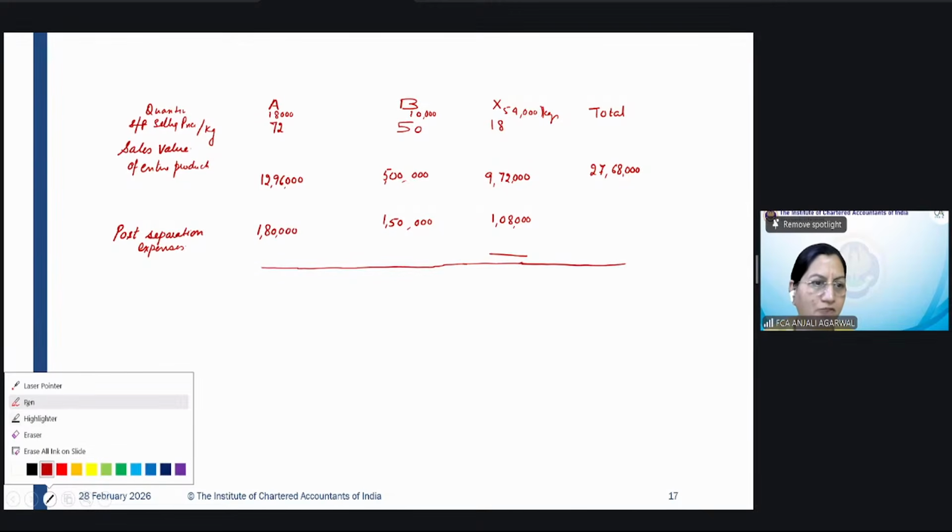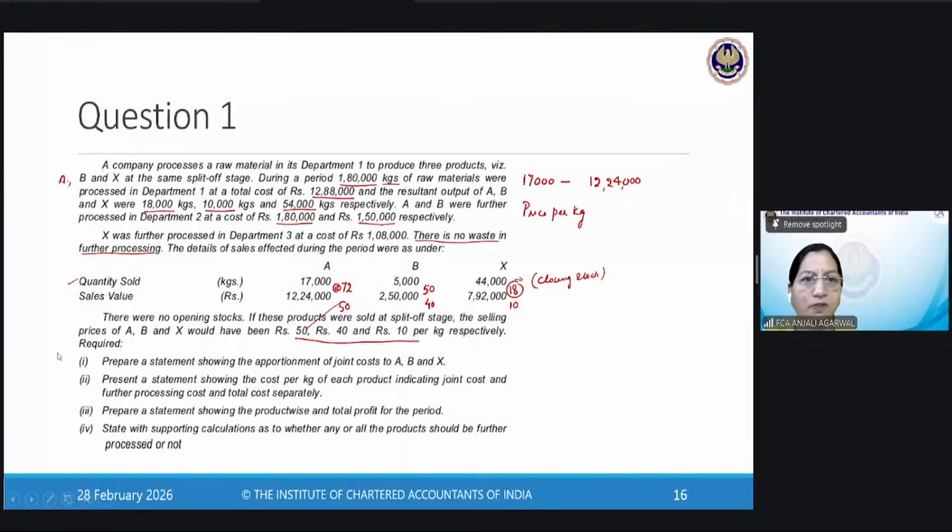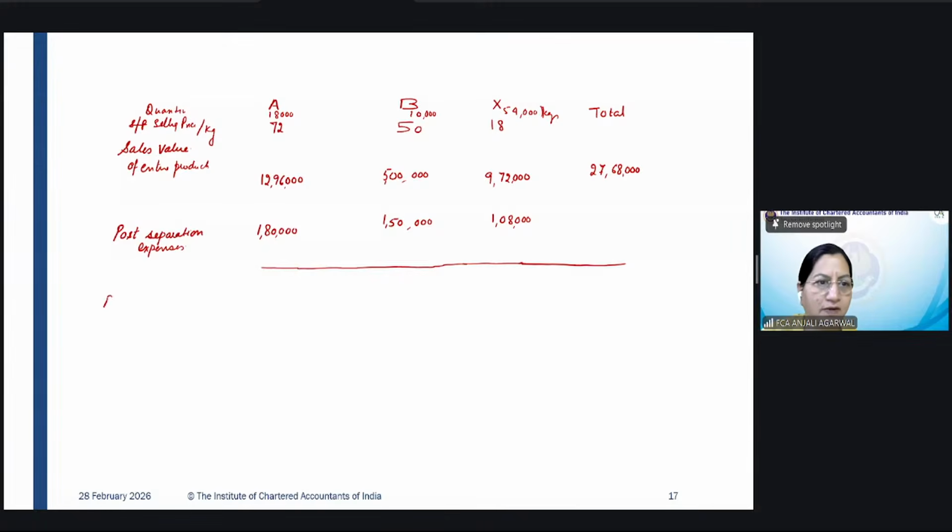not exactly the joint cost of 12,88,000. So I will say this is the ratio of allocating the joint costs.